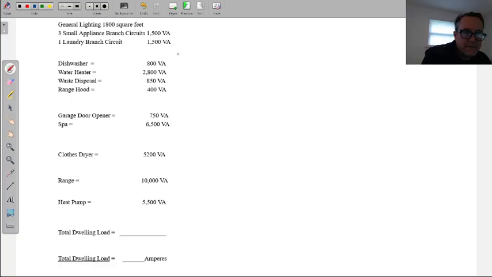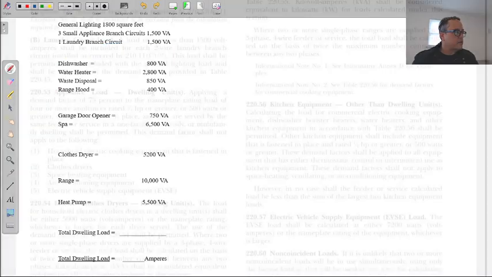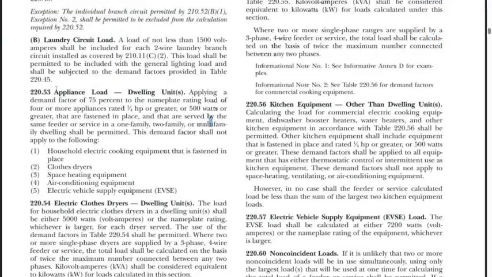So if we get givens like this that we are being told, then they fall under 22053, where it says applying a demand factor of 75% to the nameplate rating of, here's the thing I want you to underline, 4 or more appliances that are, we're going to ignore this quarter horsepower, that are 500 watts or greater.